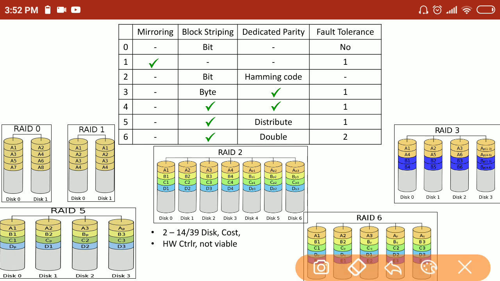And in RAID 4 to 6 the striping is again at block level, but in RAID 5 you are using distributed parity, so you are not using a dedicated drive for the parity information, but you are distributing the parity information across all drives. Here you can see that this DP is the parity bit of D data.